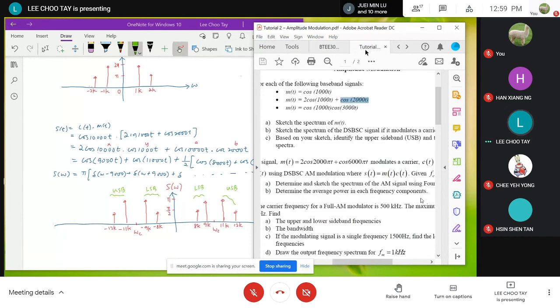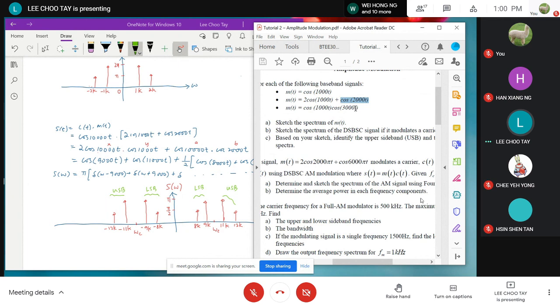Only then do you convert into the Fourier transform. Use the Fourier spectrum transformation only after you have converted the product of these cosine signals into the sum of two cosine signals.